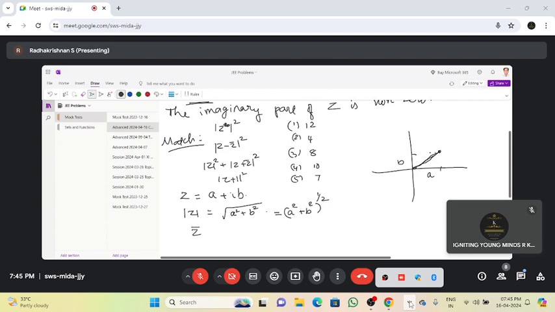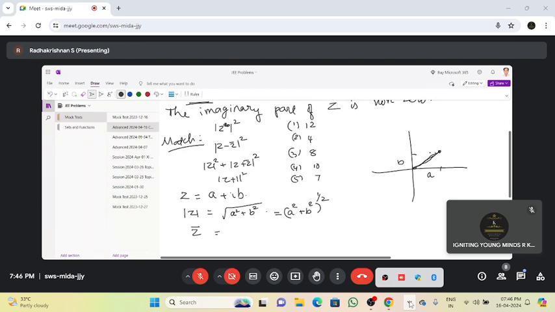Z with a bar on top, like this, is called Z conjugate. What is the formula for Z conjugate? What is Z conjugate? Anybody? Z is A plus IB. What is Z conjugate?